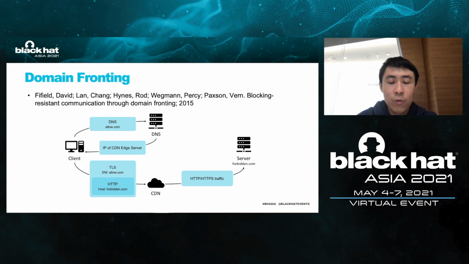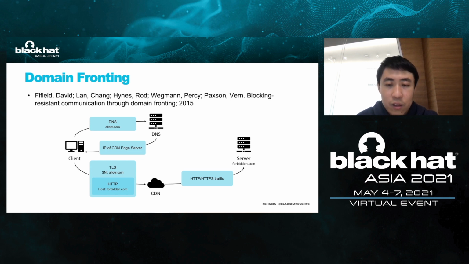Back in 2015, researchers first proposed domain fronting. The idea is simple. A CDN acts like a reverse proxy. The CDN fetches resources based on the HTTP host header from the client's request, which has nothing to do with the TLS connection. So the client first makes a TLS connection with the CDN server using an allow.com certificate.